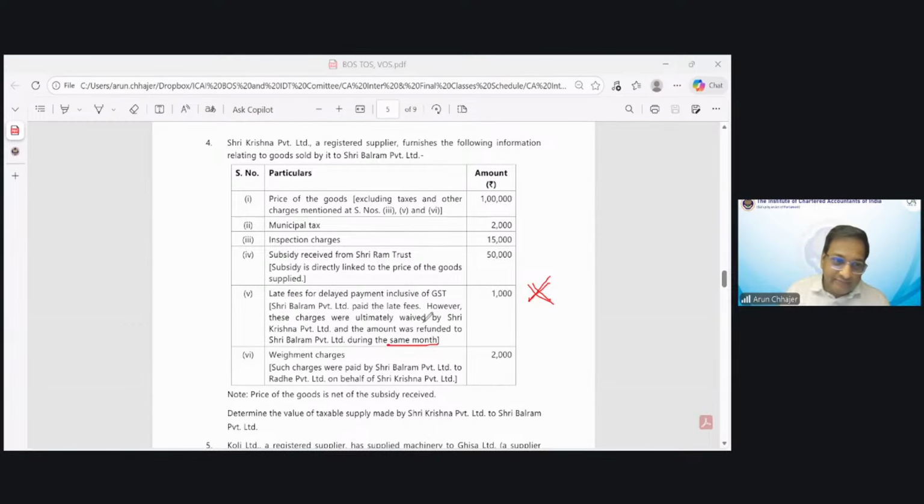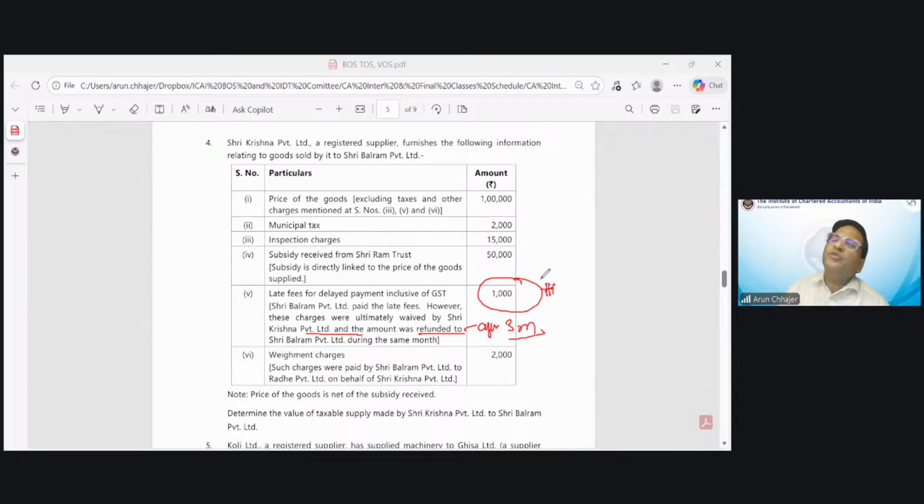Right. If in the same month, it is not added. Kuldeep, you might be asking what if it is not in the same month. See, for example, let's say he has taken and refunded after 3 months. In that case, what will happen? It will be added.